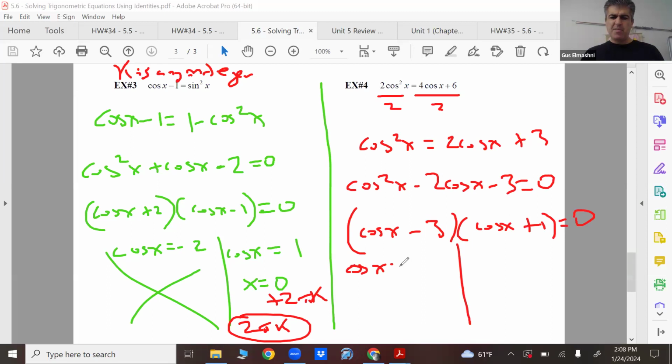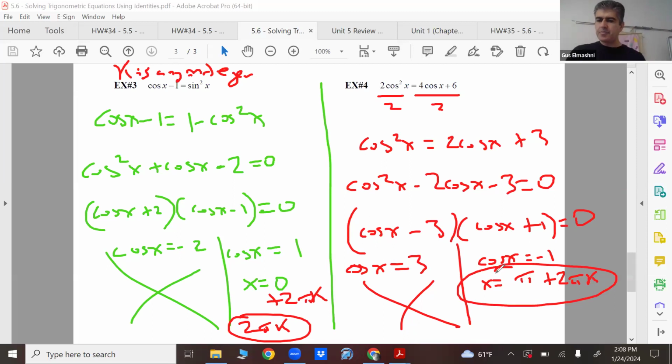Well, no, that can't happen. Or cosine x equals -1. Where does that happen, guys? Where's cosine -1? Pi plus 2 pi k, because it can go around many times. If you think about it, it's every odd multiple, but just write it like that. Just keep it simple. K is an integer.